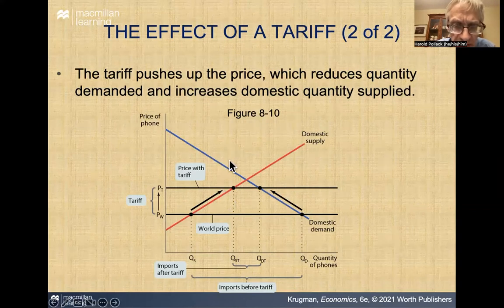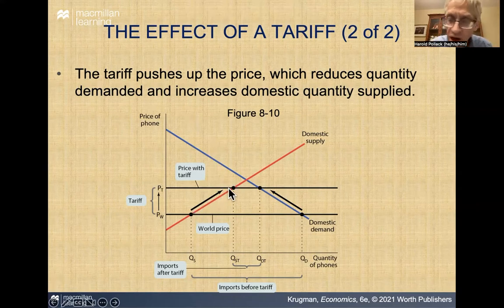Now, all of these phones are being produced by these producers. And it's actually expensive for them to produce those phones. It takes a lot of social resources for them to produce phones along this axis.